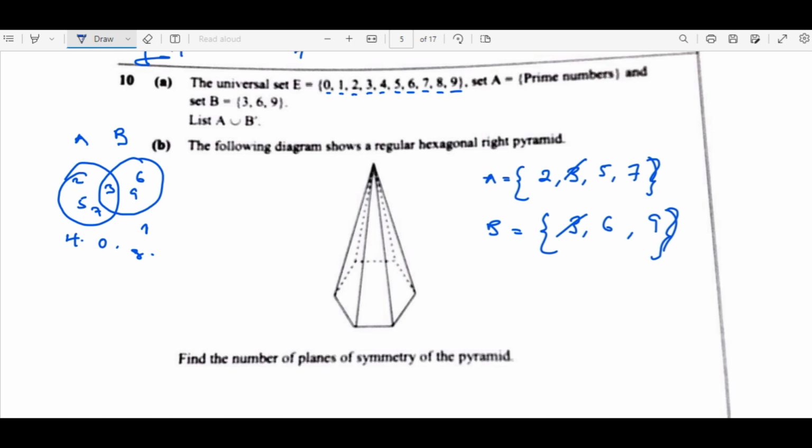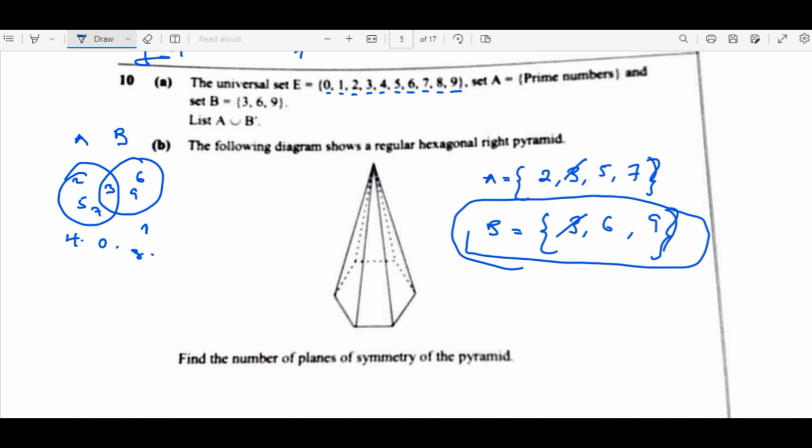The answer is the numbers that have been left and those that are outside. The numbers in B you don't include, because complement means to exclude.